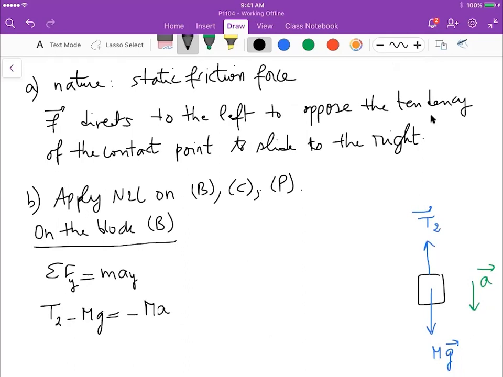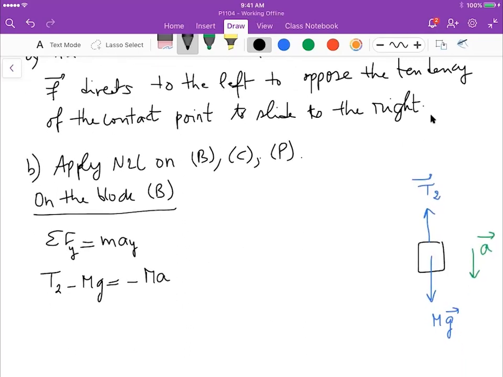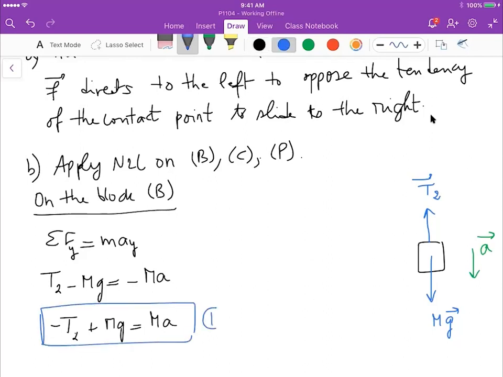And so we can write from here minus T2 plus mg, keeping A positively oriented: minus T2 plus mg is equal to M times A. And so this is the first equation that we get from Newton's second law applied on the block.